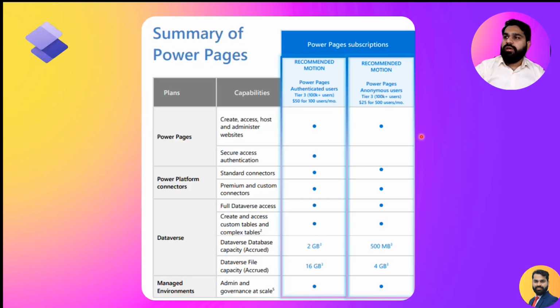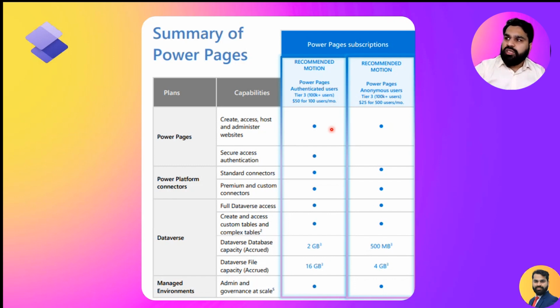Now we will talk about Power Pages licenses. As we all know, Power Pages is a low code, no code website builder for internal, external, authenticated, and anonymous users. Any internal user can go ahead and access this. There is no issue with that because a Power Automate premium license or Power Apps premium license already covers that.